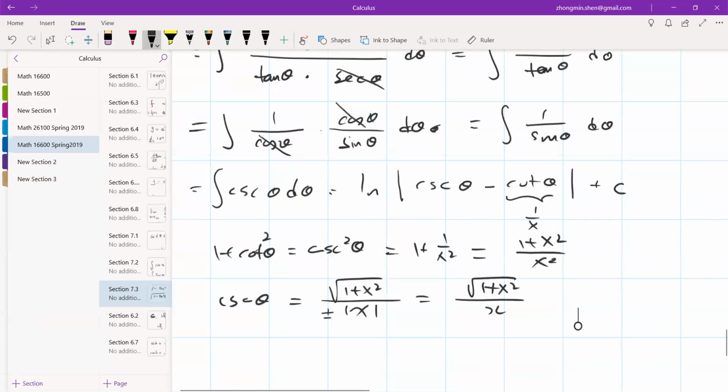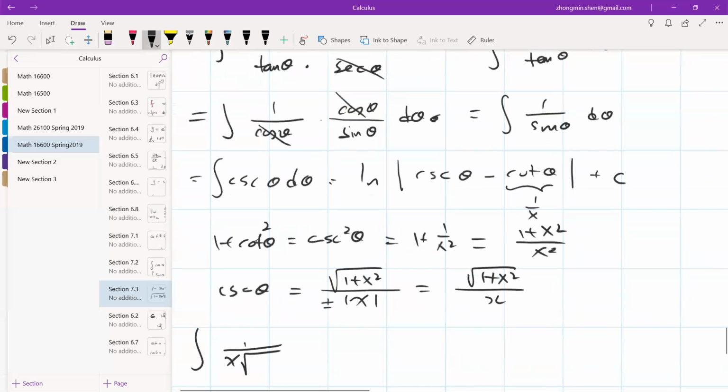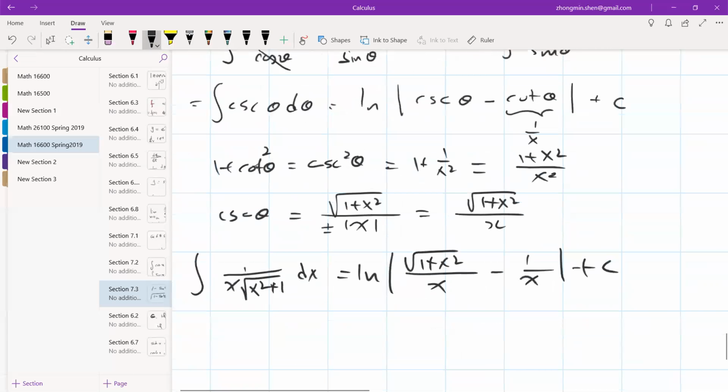So you put everything into the formula. So you get the integral equal to the natural log of the expression, plus a constant. Okay, this is exactly the same one we got last time.